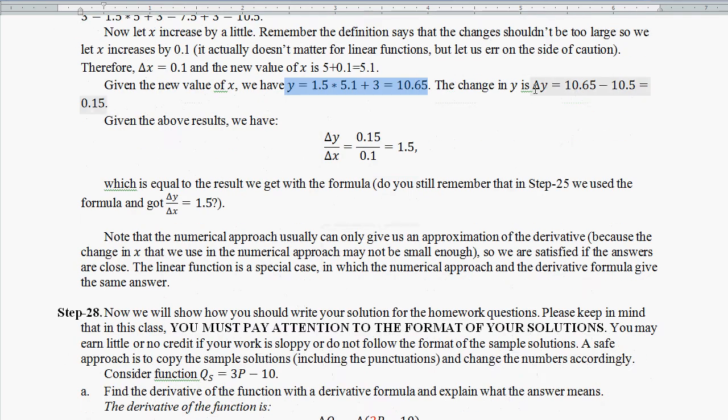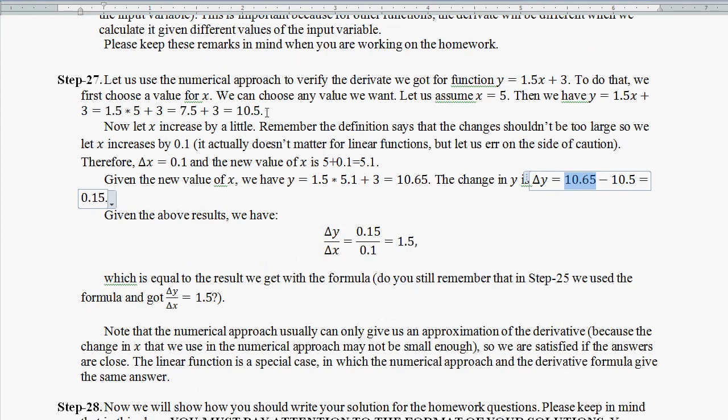Given these results, the change in y over the change in x is equal to 0.15 divided by 0.1. That's 1.5. So it's equal to the result we get with the derivative formula here, 1.5.